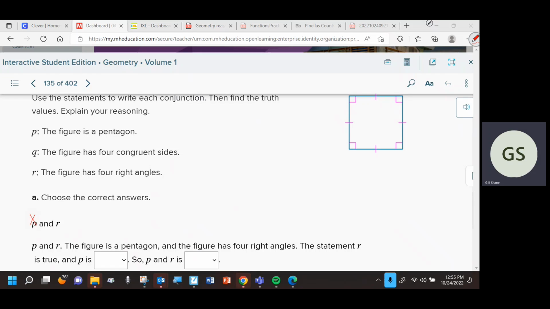We don't need to even evaluate R. That's why they don't mention R in this first part, because it only takes one of them to be wrong, and this is wrong. P is not a pentagon or a trapezoid, if that's what you have. So right now, after the very first statement of P being false, we could say, therefore the whole thing is false. We're done with that one already. Let's go to the next one.